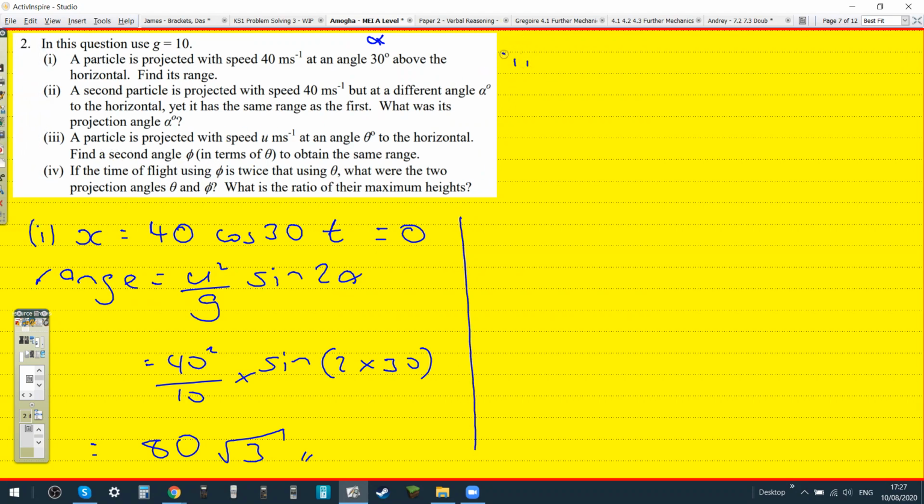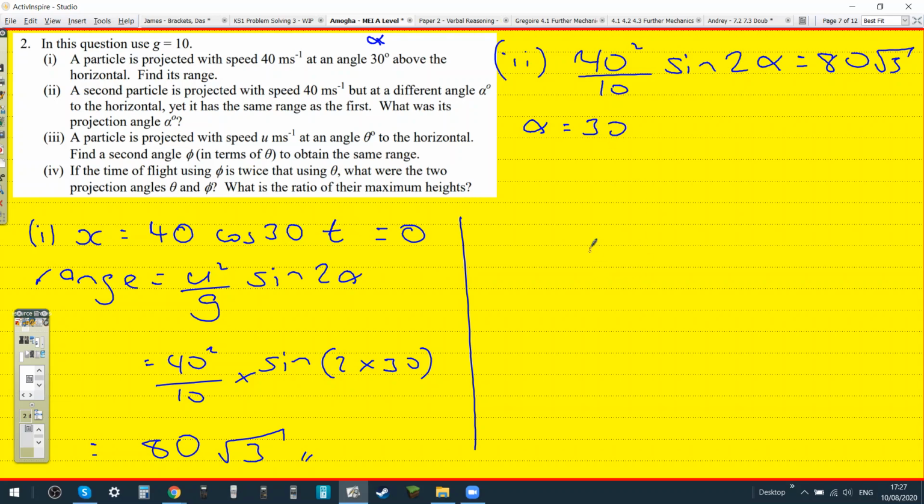So I think there's a connection between all the questions. A second particle, but at a different angle, has the same range. So it's still 40 squared over 10 sine 2 alpha is equal to 80 root 3. The answer is 30, is it not?